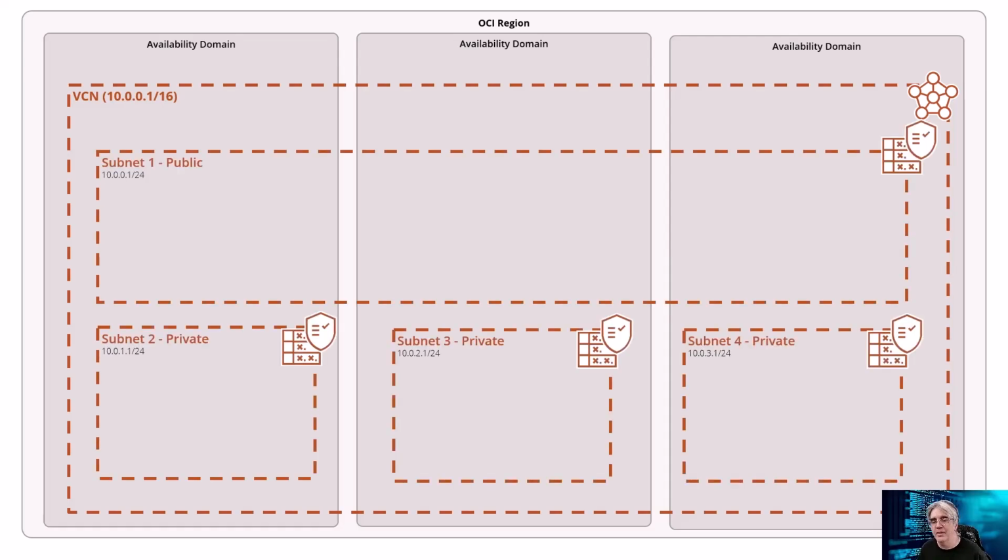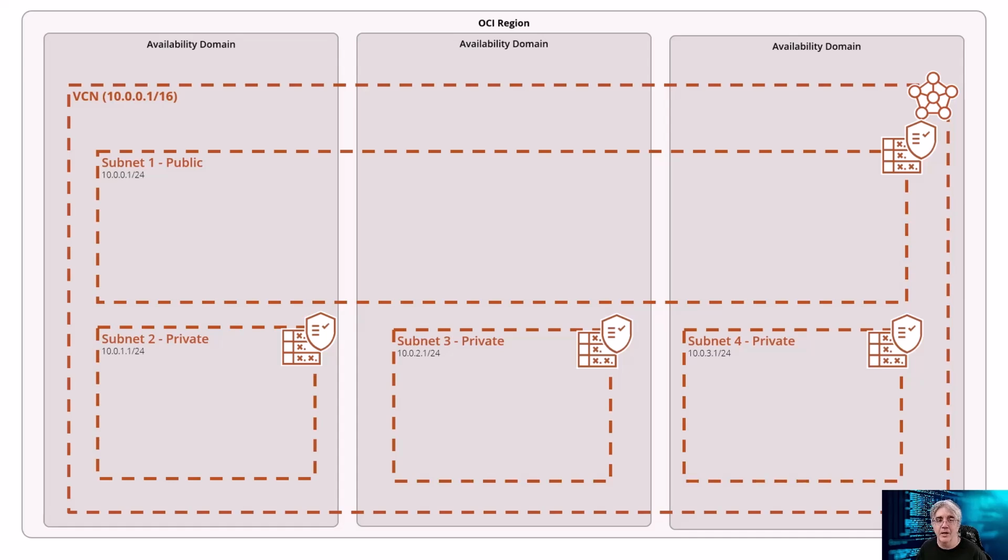Each of your VCNs is then subdivided into subnets. Subnets can either be public, meaning they have a two-way connection out to the internet, or private, meaning they've either got no internet connectivity or one-way outbound internet connectivity.